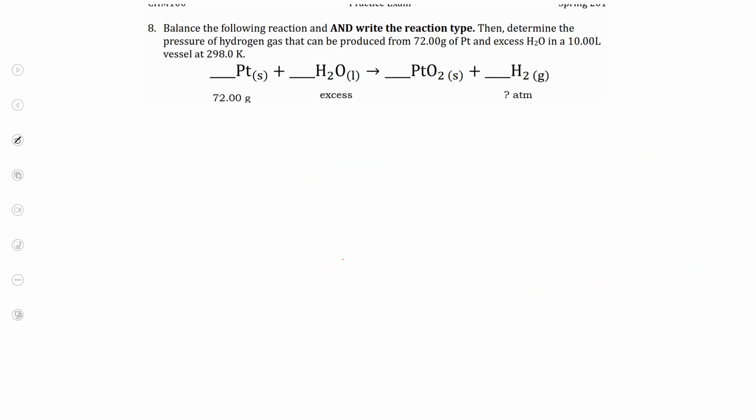All right. So 8 and 9, I might flip the order on so you can't just automatically memorize the order of what types of reactions they are. But one of them is going to be a gas loss question where you have to use PV equals nRT to get to moles, or use moles to get to a pressure or something like that.